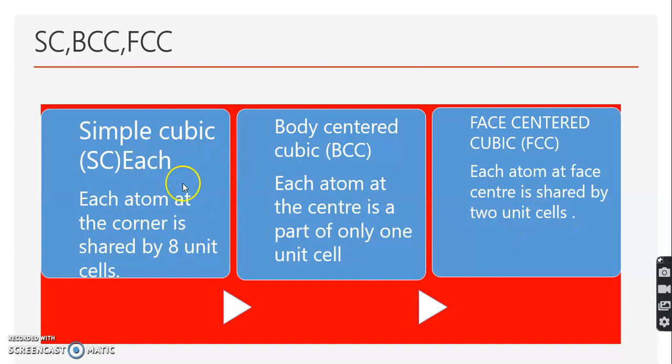So here we have only corner atoms, each corner atom shared by 8 unit cells. Here you will have the corner atom plus one atom at the center. So the corner is shared by 1/8 and the center one belongs to only one unit cell. Here you will have the corner shared by 1/8 plus the six face centers, each shared by 2 unit cells.